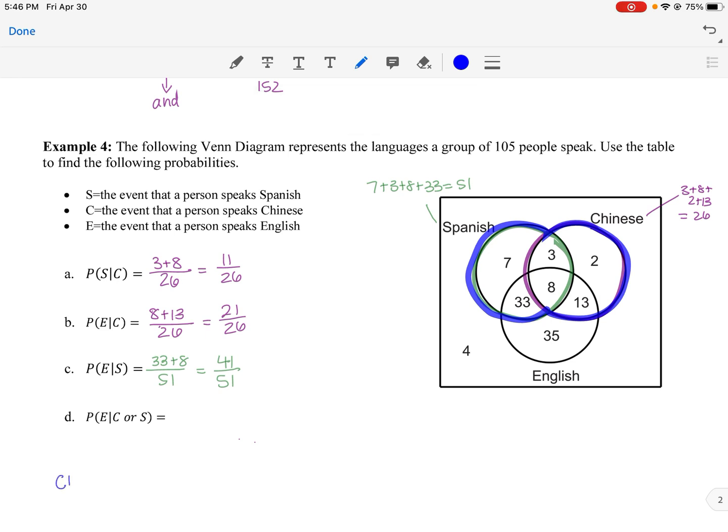So real quick, if we look at Chinese or Spanish, we've got a total of 7 plus 3 plus 8 plus 33 plus 13 plus 2. As we add all those together, we get a total of 66. So this is going to have 66 on the denominator.